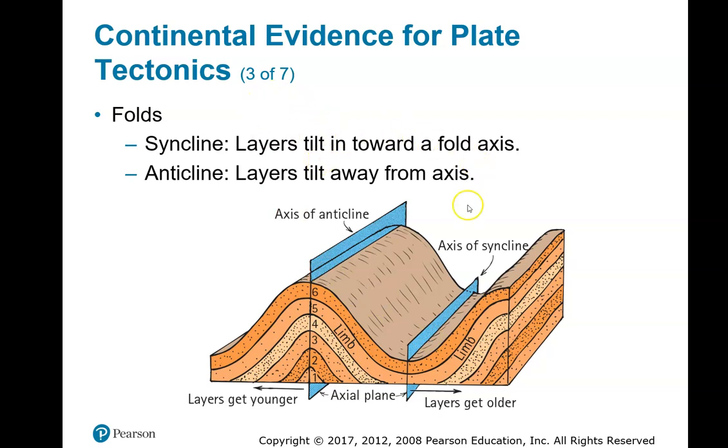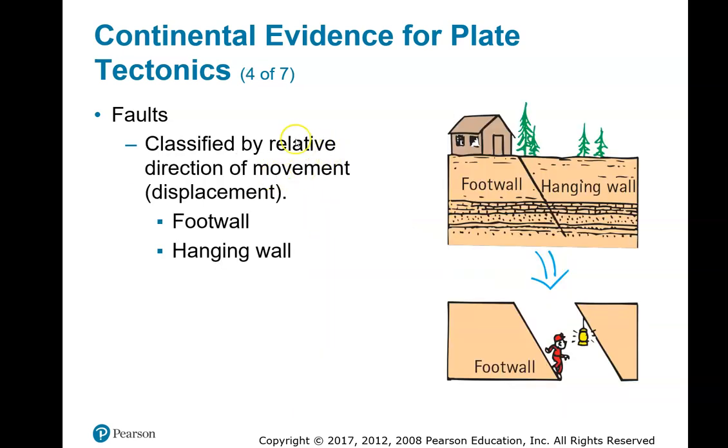Synclines curve upward, that's a good way to think of it. Anticlines curve downward, where the center of the anticline is the oldest rock. The center of the syncline is the youngest rock. All right, good. Let's move on.